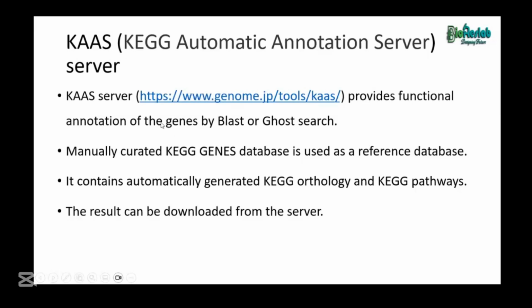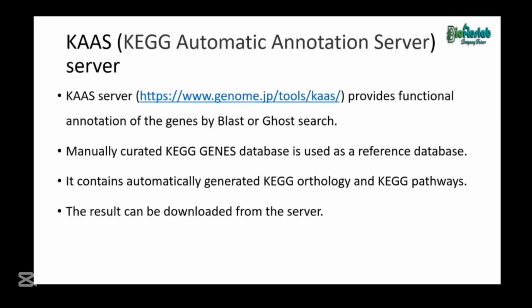So what it does when we give the input there, it could be the nucleotide sequences of the genes or the protein sequences we can use there. And it uses different alignment tools like BLAST or GHOSTX search. From there, it identifies, based on the KEGG database, what genes are matching with the database sequences.